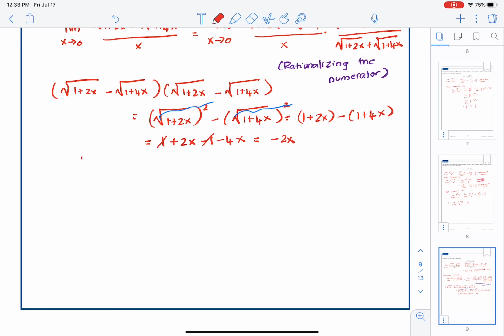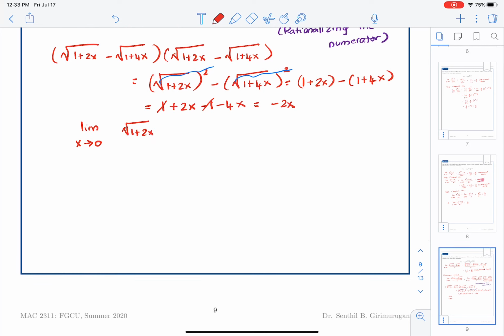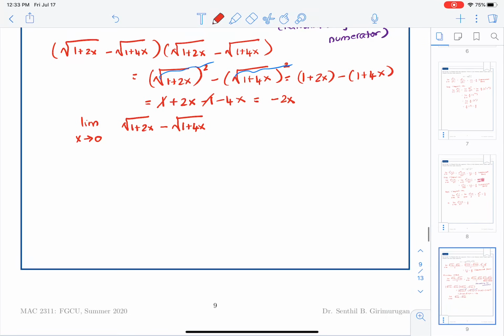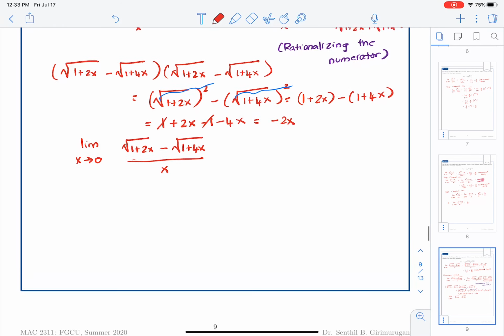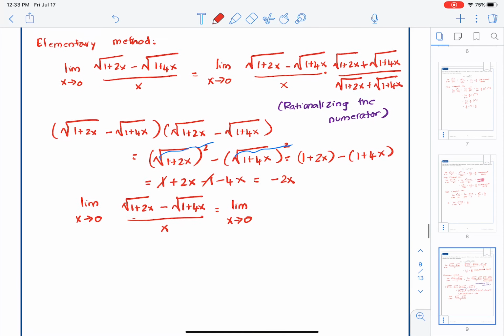So let's go ahead and rewrite our limit. So we have square root of 1 plus 2x minus square root of 1 plus 4x divided by x. And that would equal to limit x approaches 0.